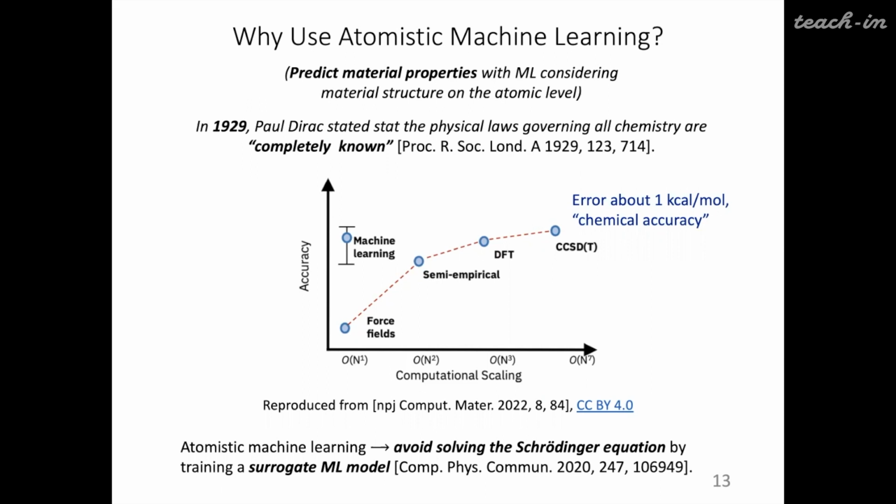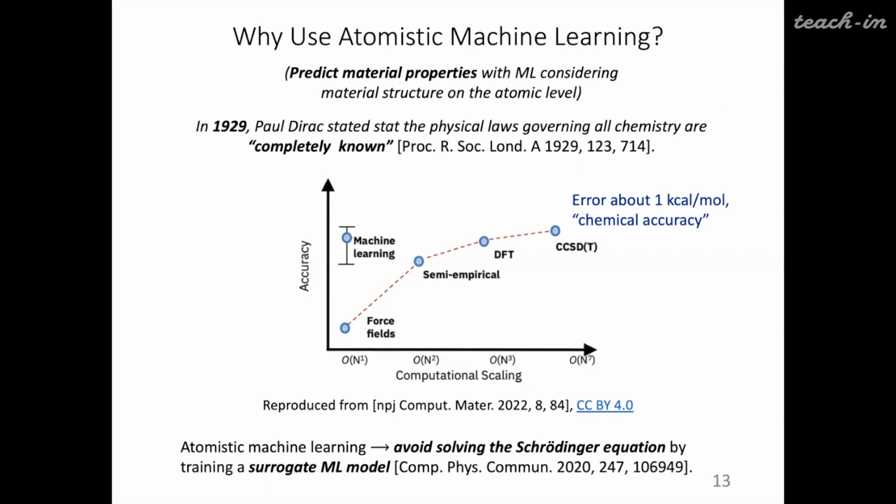Even in 1929, Paul Dirac stated that all physical laws governing chemistry are completely known.